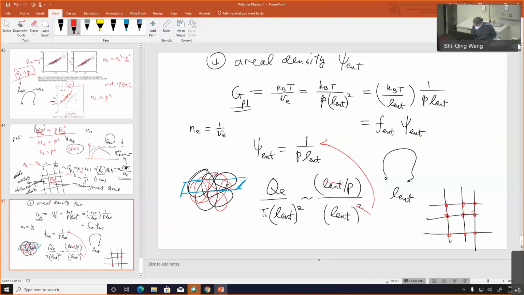So if you like to do one more step, it is to recognize that this area density in fact goes with 1 over p squared, because entanglement length is proportional to p. So in that sense, I can make an argument, oh, this quantity, which is nothing but this, is simply, because QE is a universal constant, it is simply 1 over p squared.